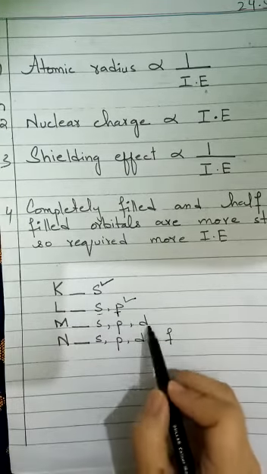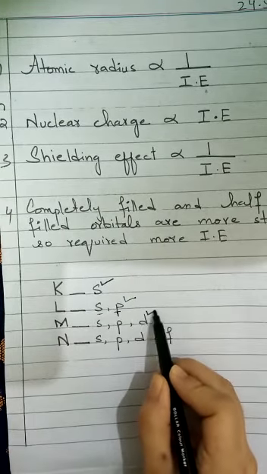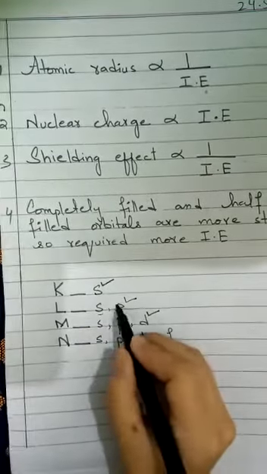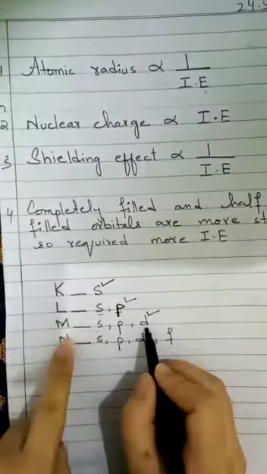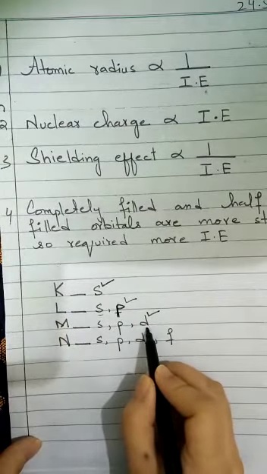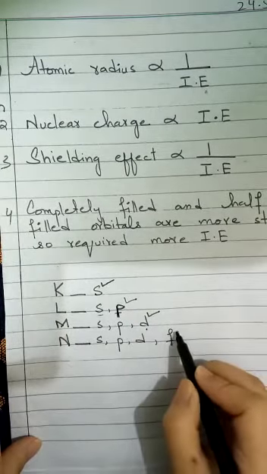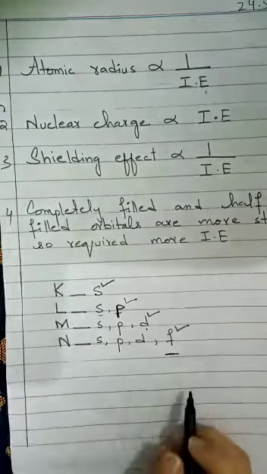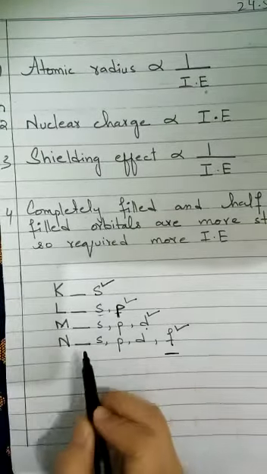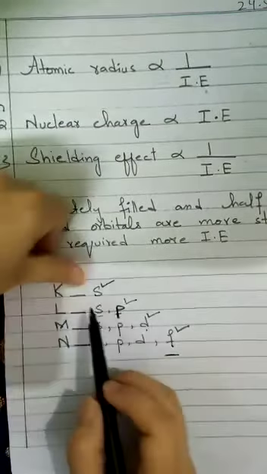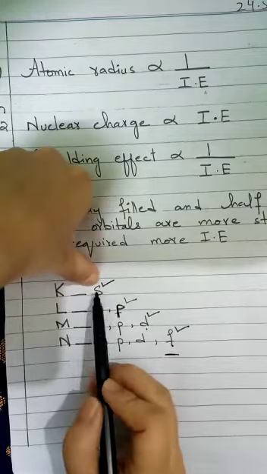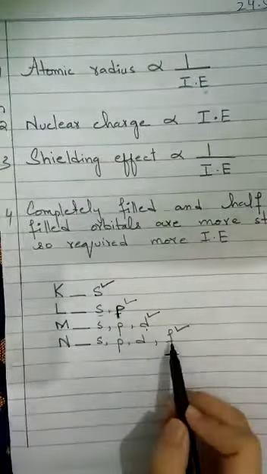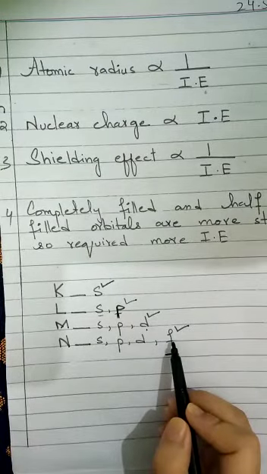If we want to remove the electron from the D subshell, then we require less amount of energy as compared to S and P subshell, because there is an increase in the distance between the nucleus and the D subshell. And if we want to remove an electron from the F subshell, then there is also a decrease in energy, because F subshell is far away from the nucleus. As you can see here, S is the first subshell, it is close to the nucleus, and F is the last subshell, so we require less amount of energy to remove the electron from the F subshell.